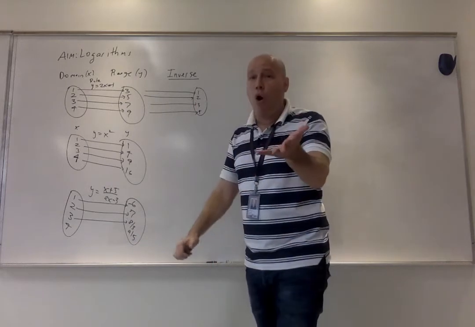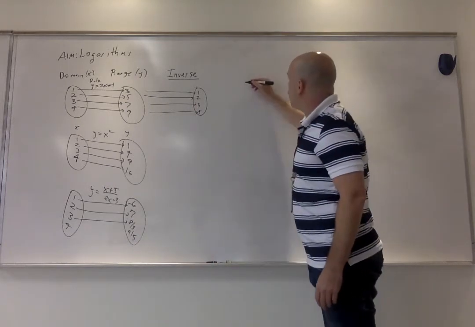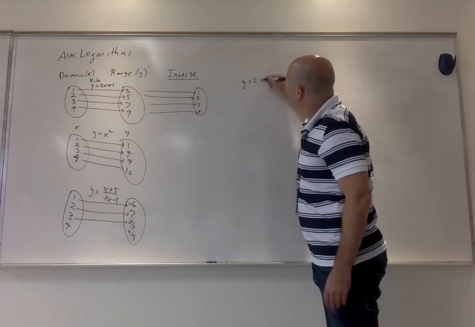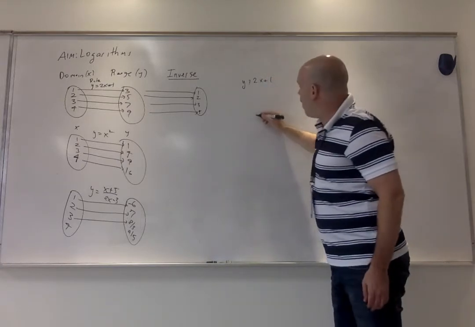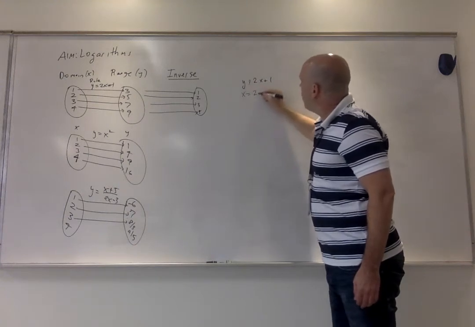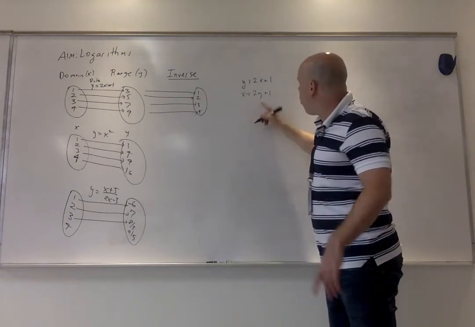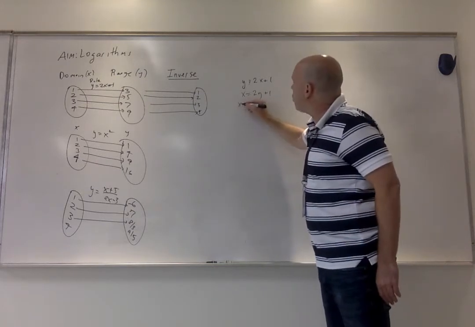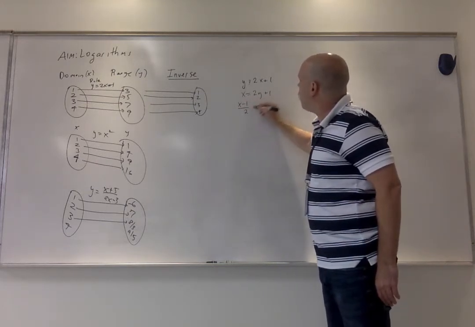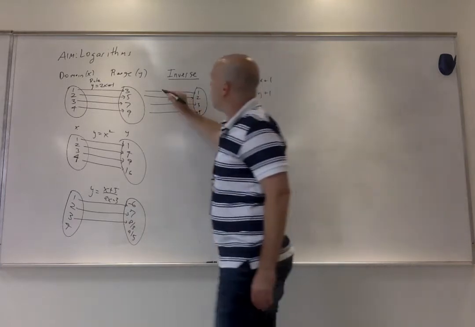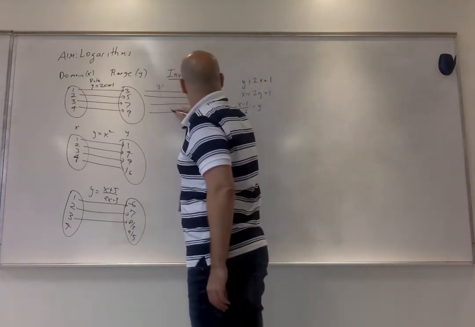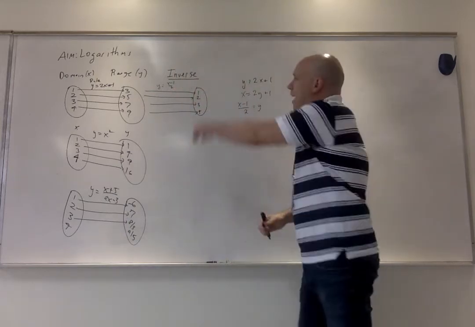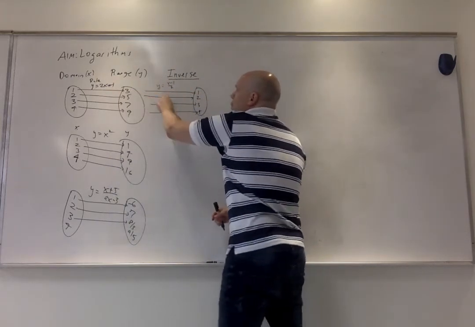Does anyone recall the technique? Write the function, write the rule, switch the x and the y, and then make y the subject, or solve for y. So x minus 1 divided by 2 equals y. These are inverses of each other.